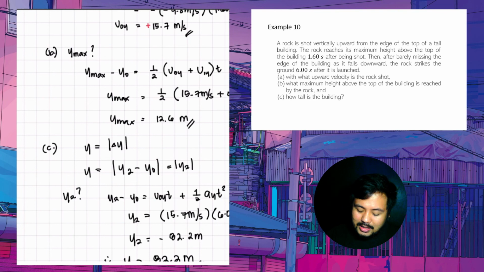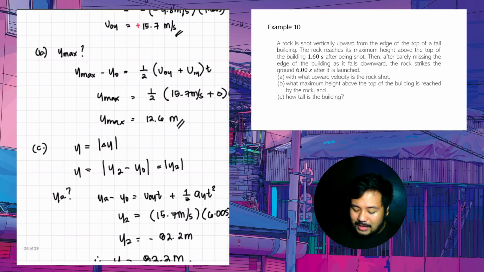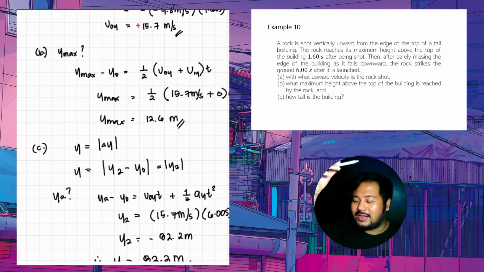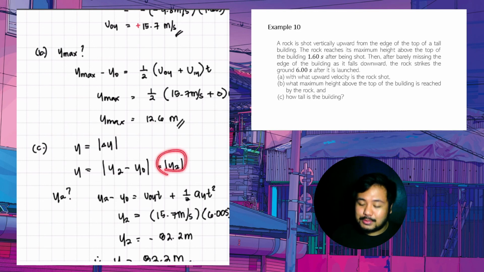Hence, the height of the building is just equal to the absolute value of y2. Because the y2 that we will solve will be negative, because y2 pertains to position, not distance. We made the top of the building our reference point, and everything going down in position will be negative. So we have to get the absolute value.